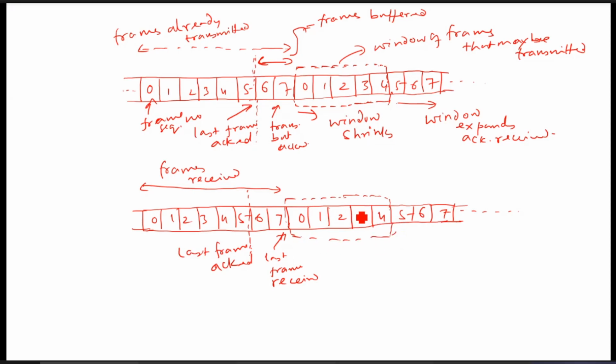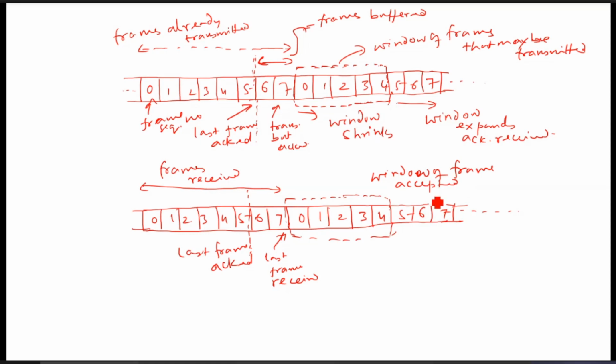Initially the window size will be fixed, so this many frames may be allowed to transmit and this many frames may be allowed to receive. That is the indication of this window of frames that may be received or accepted.